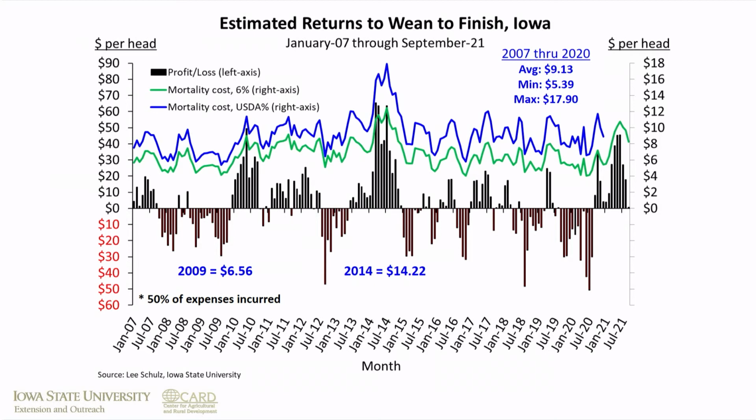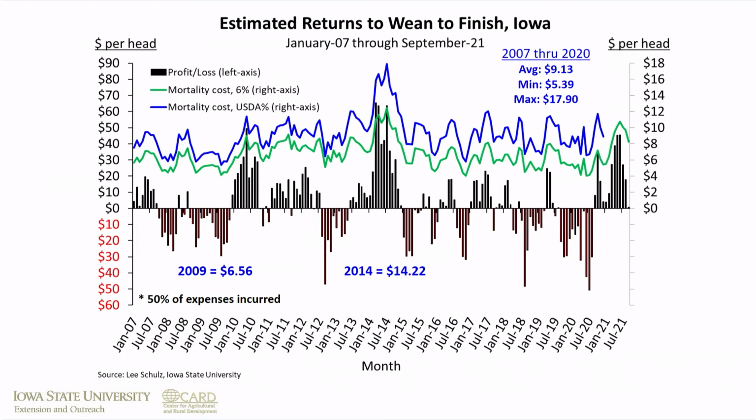And so if I use USDA's percentage of mortality annually, so that'd be the blue line here, you'll see on average it's been about $9 since 2007, with quite a bit of variation, almost $18 in 2014, all the way down to around $5 or so as we look at some of the low-priced periods back to 2007.